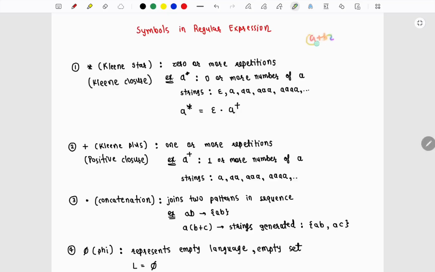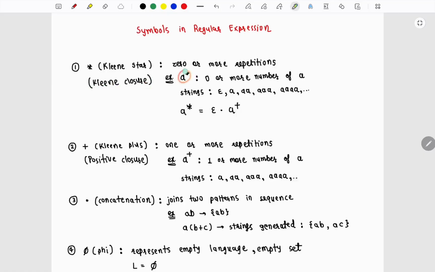Firstly, this star. This star is known as Kleene star, whatever way you want to pronounce it. Previously we have seen the regular expression (A or B) star A. Here it is Kleene star. What does it mean? Zero or more repetitions. It is also known as Kleene closure.